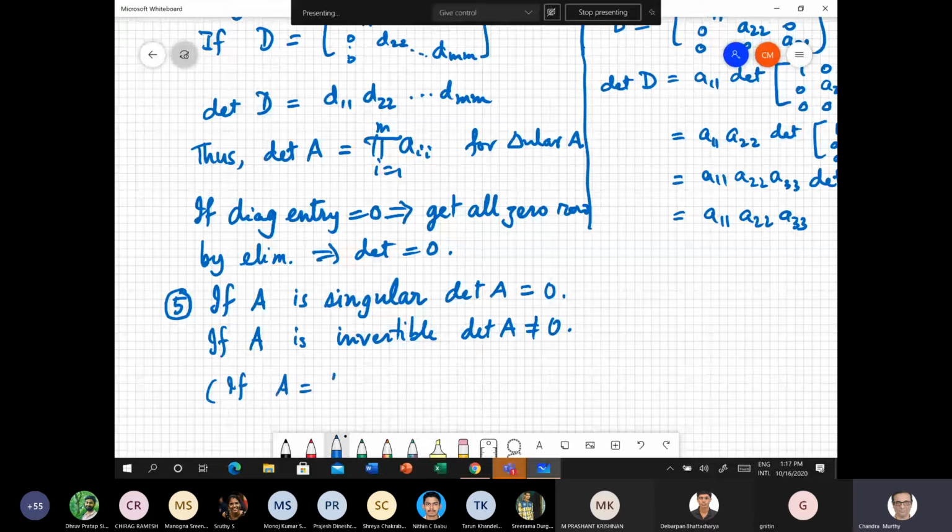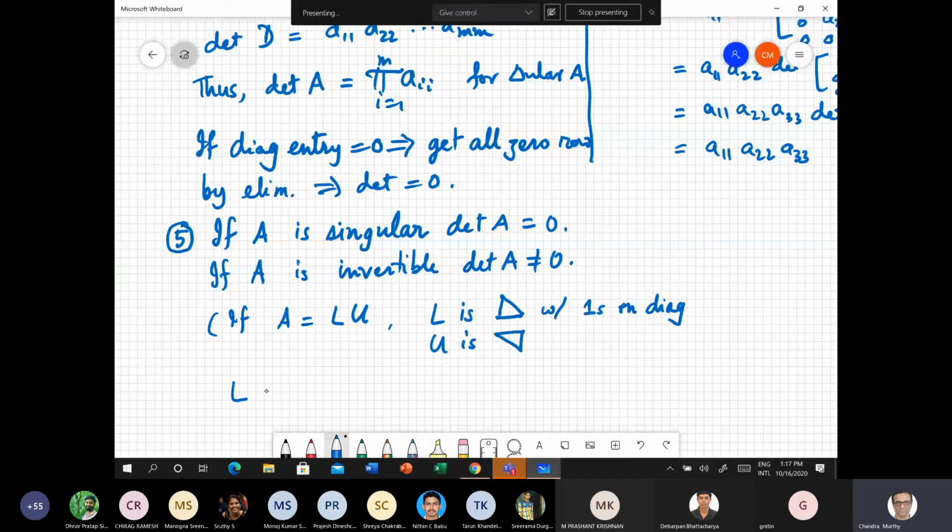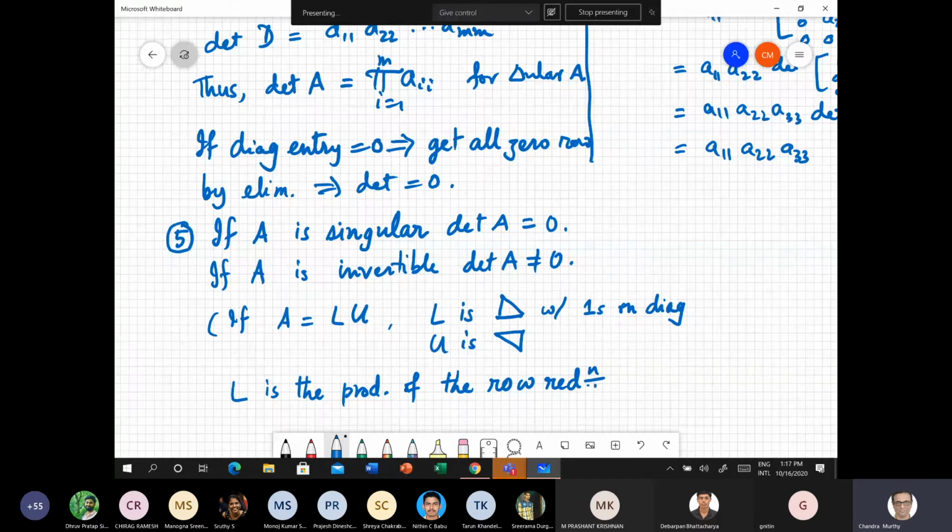If A equals LU, where L is lower triangular with ones on the diagonal and U is upper triangular, then L represents the product of the row reduction matrices, which does not change the determinant.